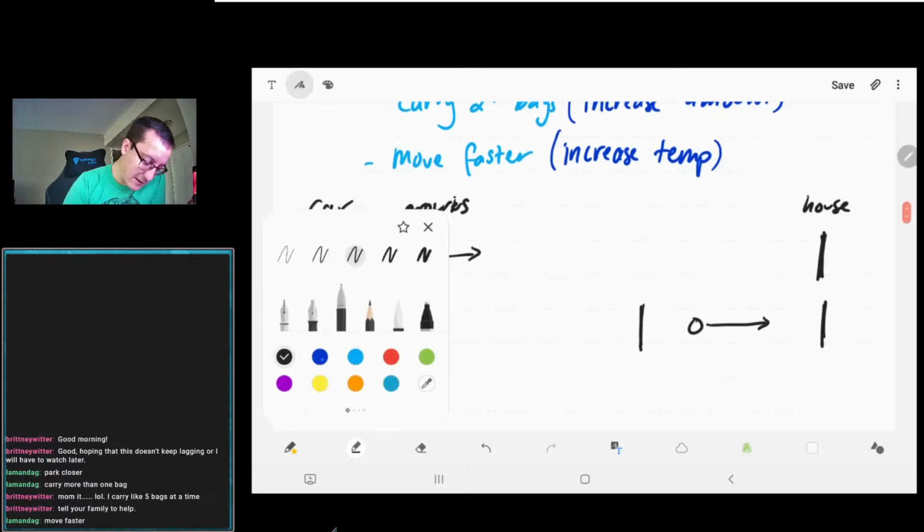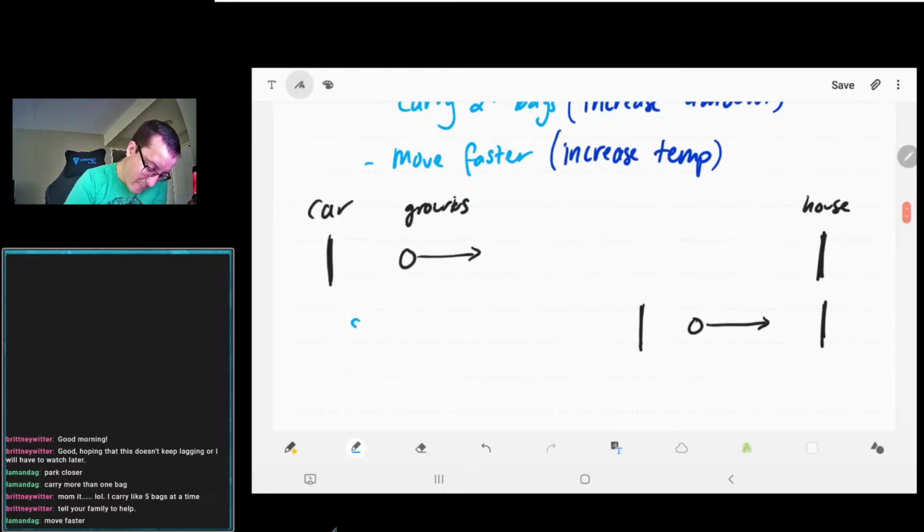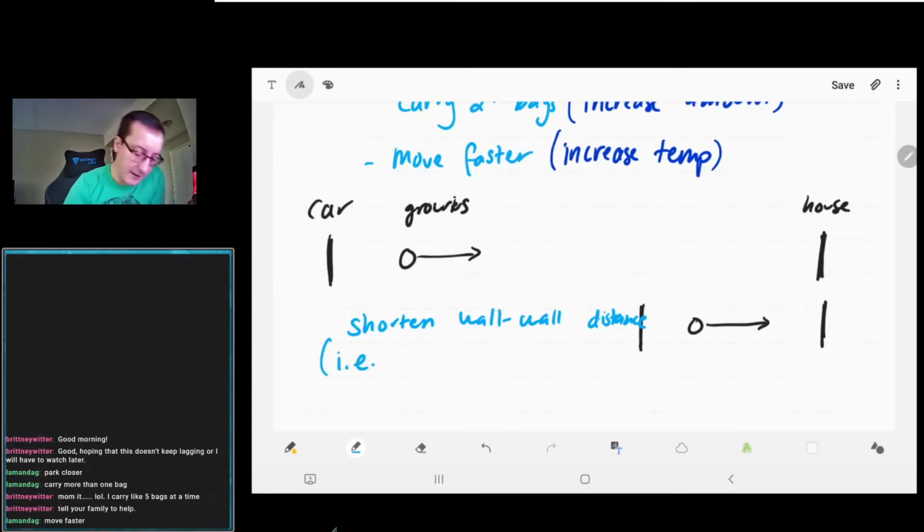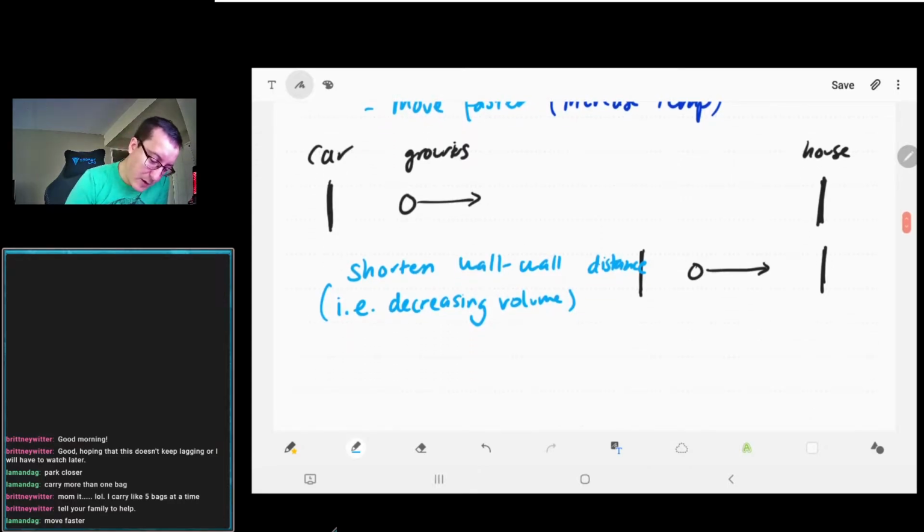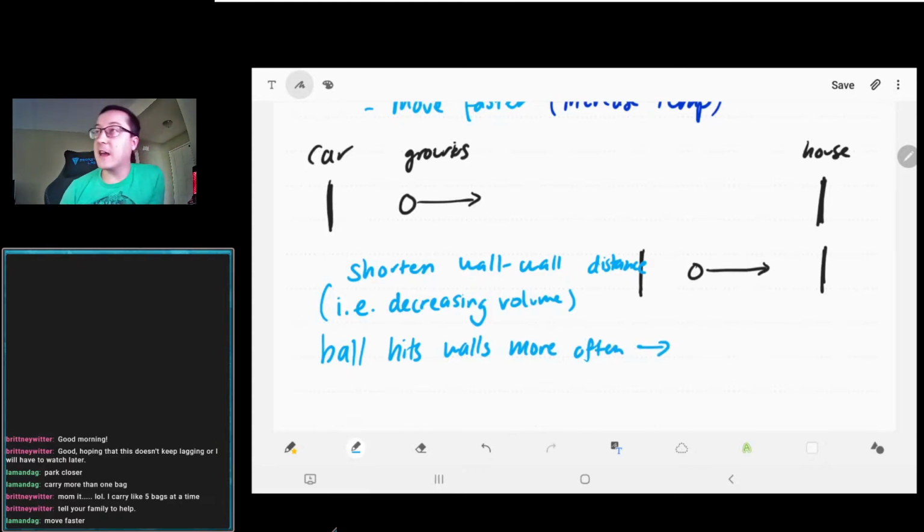So if we shorten the distance, which is the same thing as decreasing the volume, the ball hits the walls more often, and so that's going to be higher pressure.